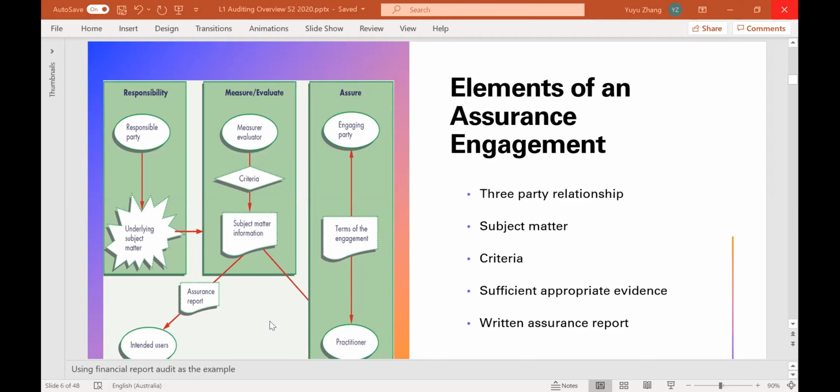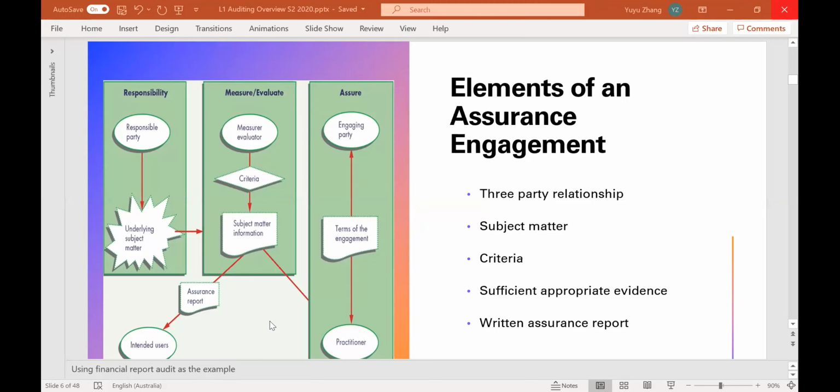Next one. Sufficient appropriate evidence. As we mentioned before, in auditing or assurance services, the conclusion is built upon enough evidence the practitioner, the auditors, collected. So the audit engagement should be an evidence-based engagement.